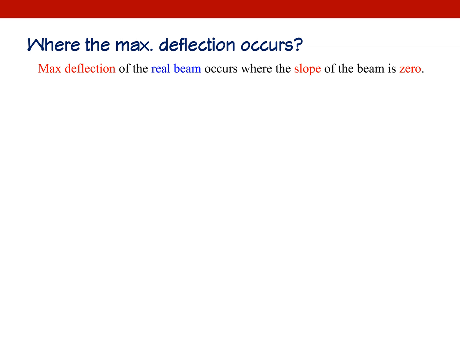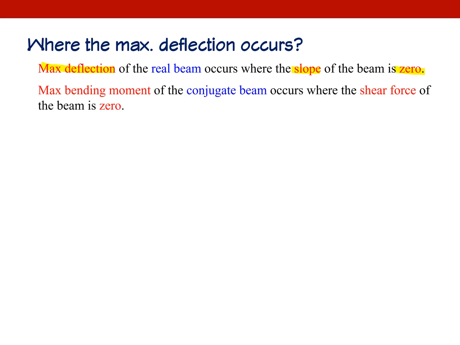It's like you go up a mountain and hit horizontal and then go down. So that maximum deflection occurs where the slope of the real beam is 0. And that is 100% true for any function, including the deflection curve, the elastic curve.